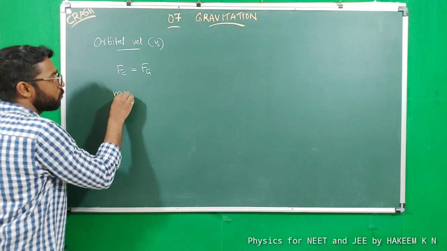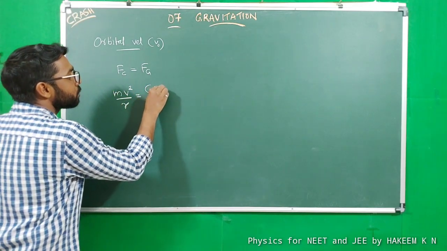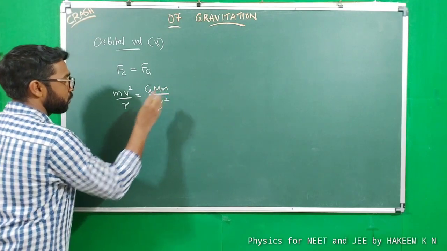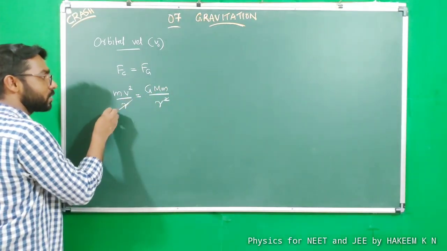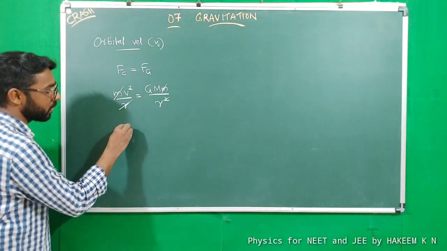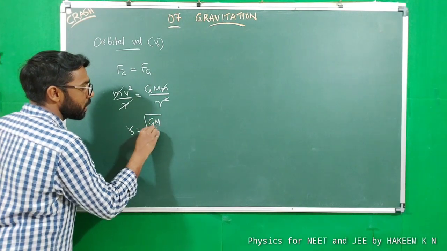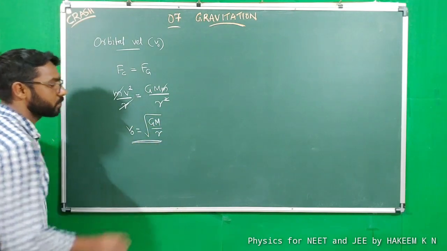So mv square by r equals GMm by r square. One r will cancel, and small m, the mass of the satellite, is cancelled. So we get orbital velocity equal to root of GM by small r.